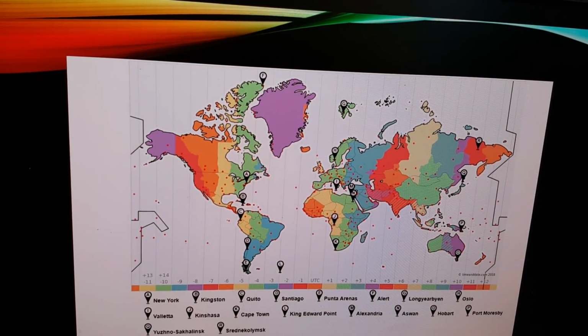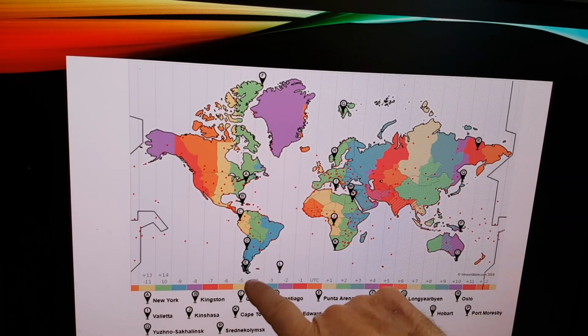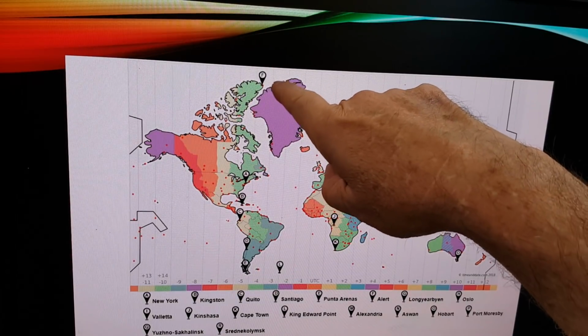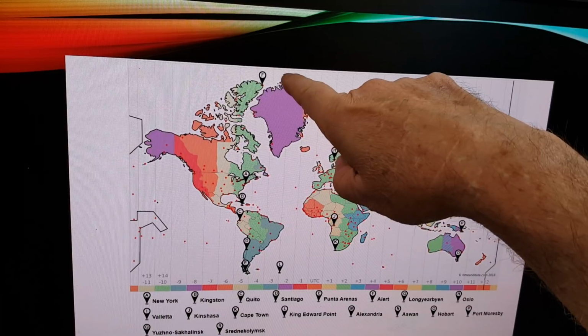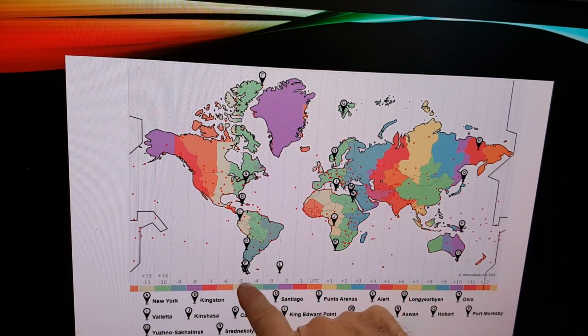Here is the map that I used. This is from timeanddate.com. You can see here that I have one line of data running north and south here, starts up here at Alert up in Canada, runs all the way down to the south tip of Chile.